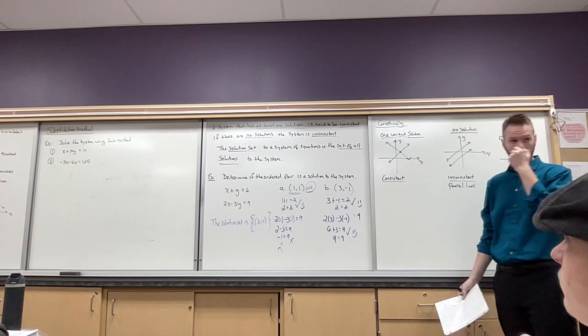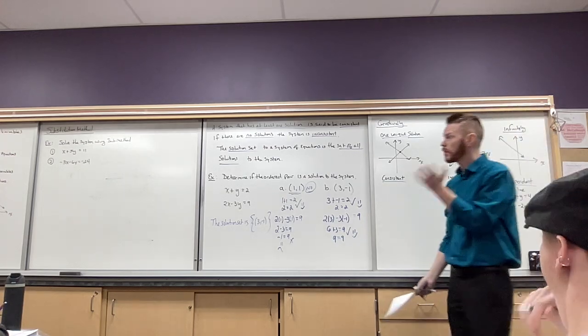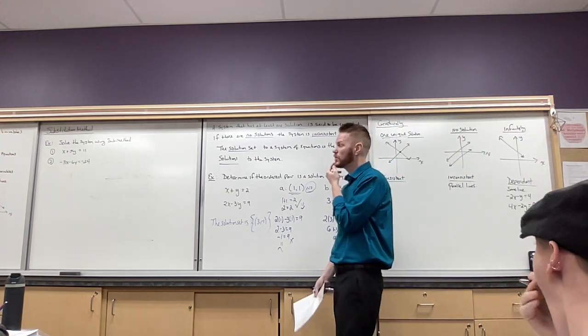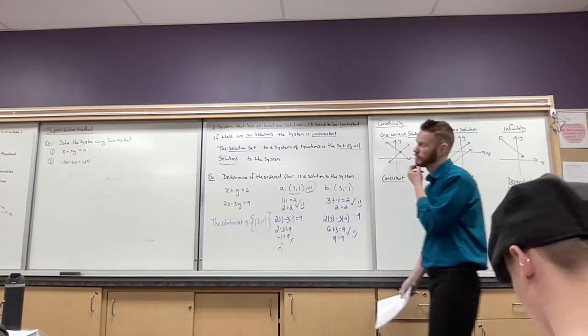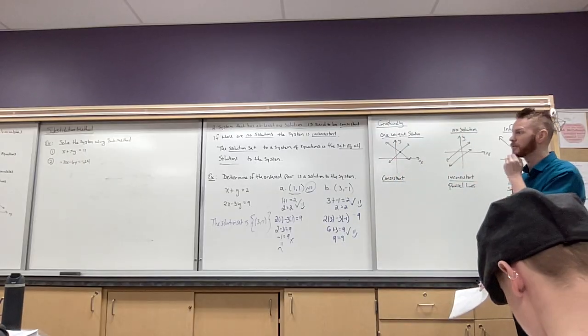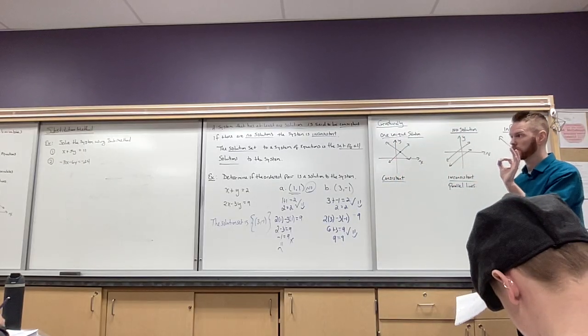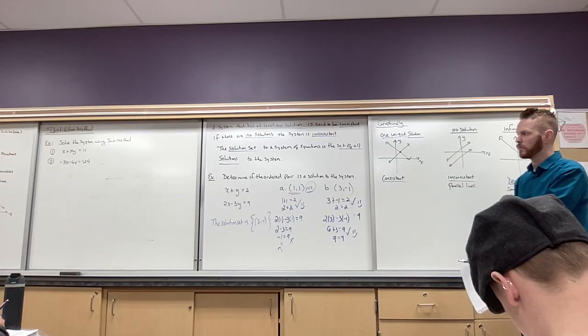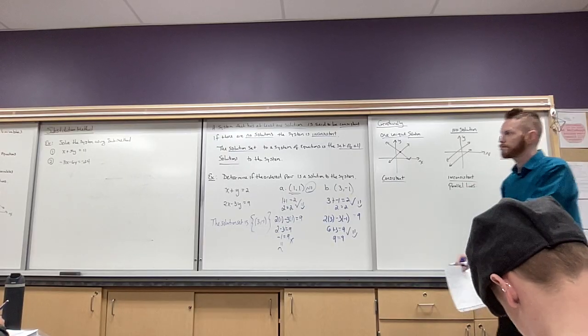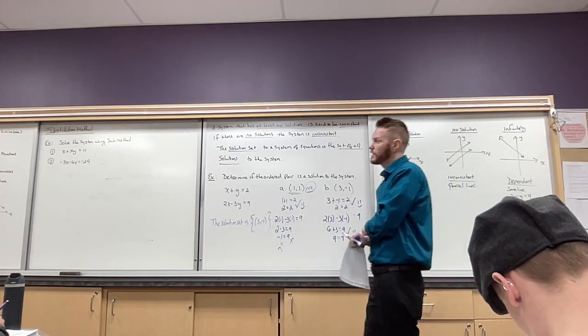I number my equations, so those who've had me before know that. I think it's easier when you number things. That way, if I'm talking about it or if you're trying to show yourself notes of what you did, it's easier to look at what equation you started with. So the substitution method is this.